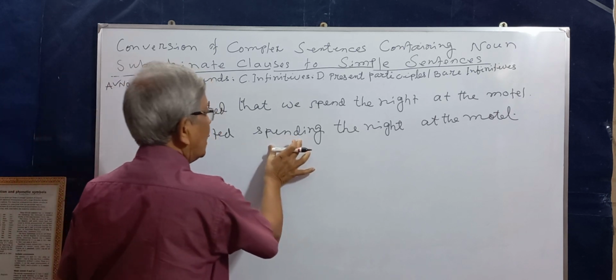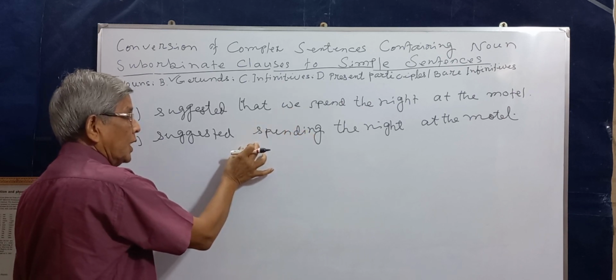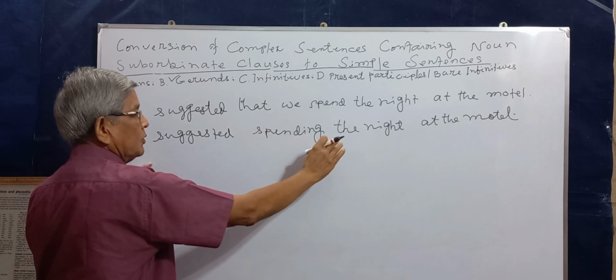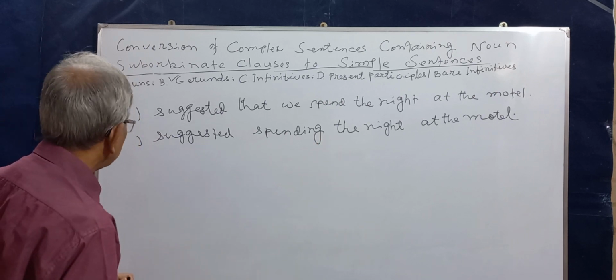The gerund is spending. Here, spending means our spending, but we need not mention the possessive our here because it is implied in the simple sentence that we should spend the night at the motel.